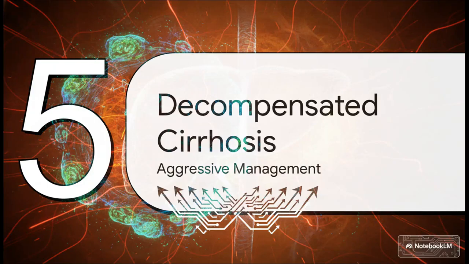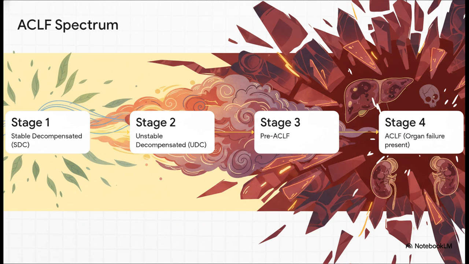Okay, picking up the pace a bit here because now we're dealing with a crisis. Section 5, Managing Decompensated Cirrhosis. The goal shifts completely from preventing that first decompensation to preventing rapid progression and managing complications head-on. You absolutely must recognize exactly where your patient falls on the acute on chronic liver failure, or ACLF, spectrum.